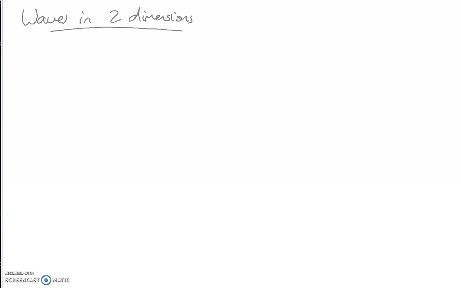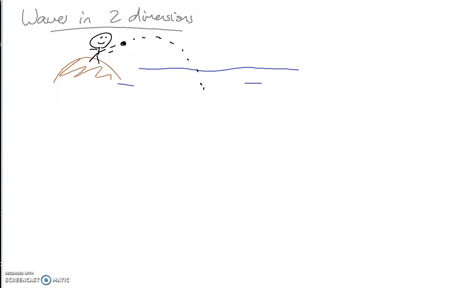Suppose you've got a rock, and here you are on the rock. There you go, and you throw a pebble, and here's some water. The pebble, of course, goes into the water and makes a little splash, and of course it's going to make waves.